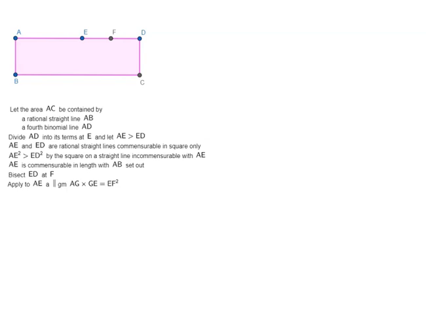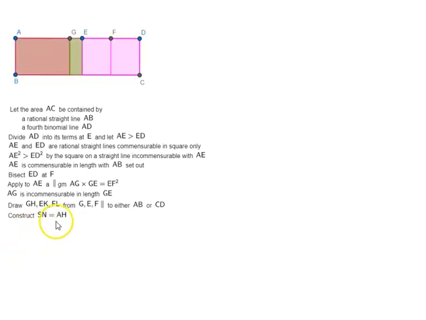So let's find that. Now AG is incommensurable with GE. Draw GH, EK, FL from G, E, F parallel to either AB or CD. So let's draw those lines.